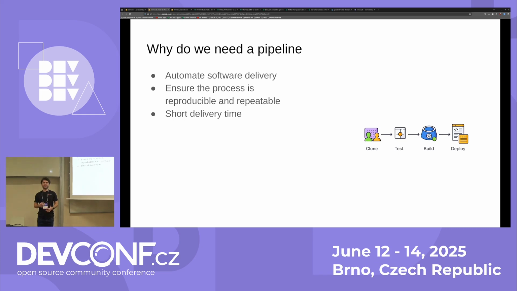So if we use the same set of parameters as input, we must have the same output. And a pipeline can shorten the delivery time for our products because we can automate this process, and as soon as we have a bug fix or introduce a new feature, we can release a new version of this product.